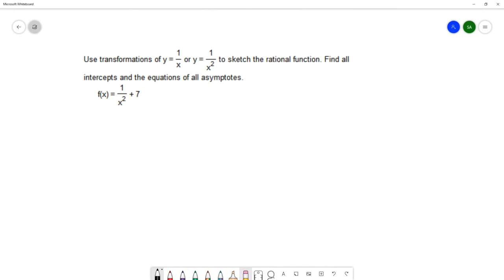On this question, we want to use transformations of y equals 1 over x or y equals 1 over x squared to sketch the graph of the rational function. Find all intercepts and the equations of all asymptotes. So by using transformations of these two, this is telling us of our two possible base functions.